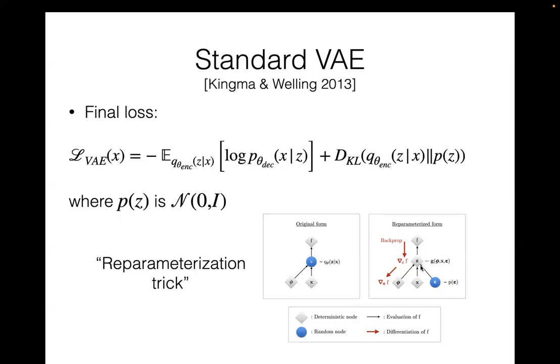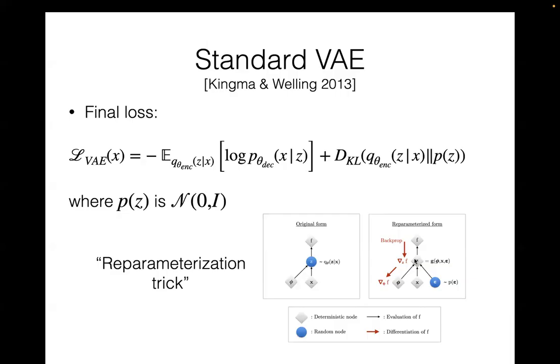If you haven't seen this before, you'd probably need to look at some more details to really get what I'm talking about. But this is a common trick, and it's necessary in the VAE to train it with backpropagation. It is possible to make everything differentiable, so you can train the VAE with backpropagation.